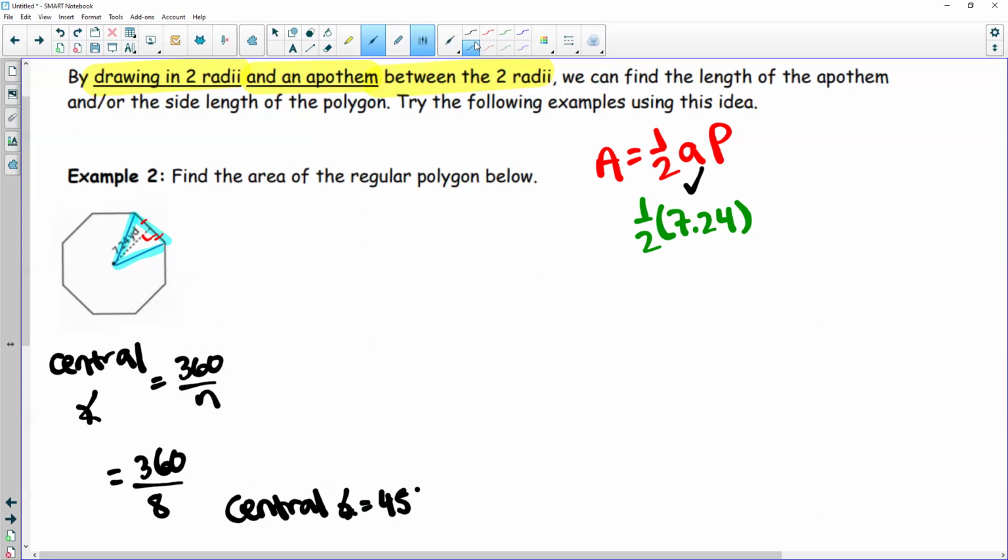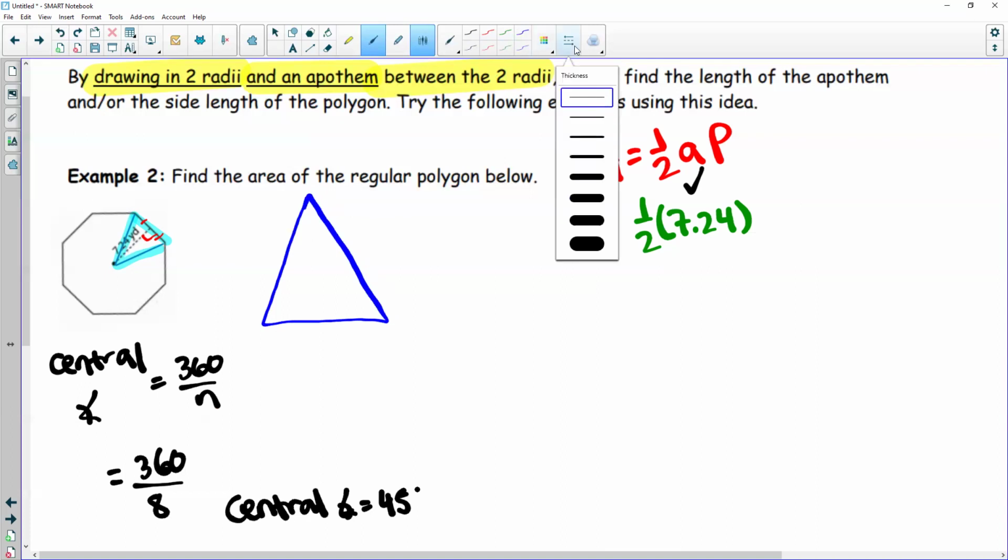Let's go ahead and work with the triangle that we have here. I'm going to draw that triangle off to the side because it's going to get really cluttered inside that picture. We now know the central angle for that triangle is going to be 45. However, what we're doing here is looking at this apothem.